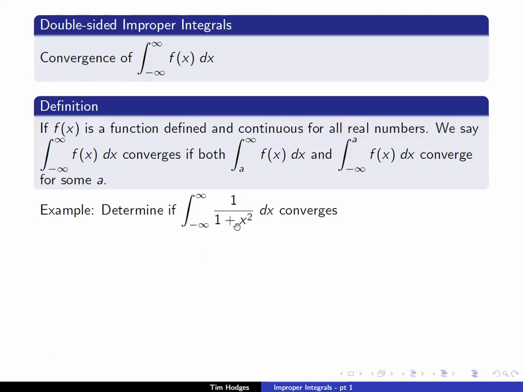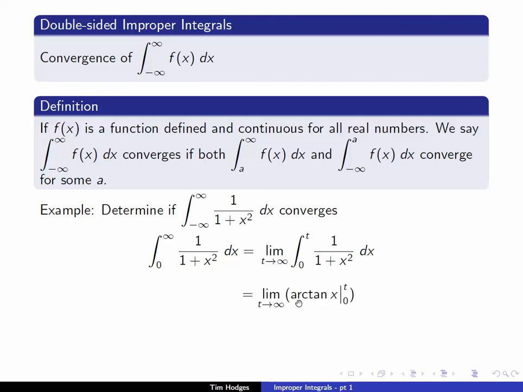The integral from minus infinity to infinity of 1 over 1 plus x squared. Remember, that's one of these bell-shaped curves with horizontal asymptotes in both directions. Let's do the calculation from 0 to infinity. It's the limit as t goes to infinity of the integral from 0 to t, which is the limit as t goes to infinity of arctan x evaluated between 0 and t.